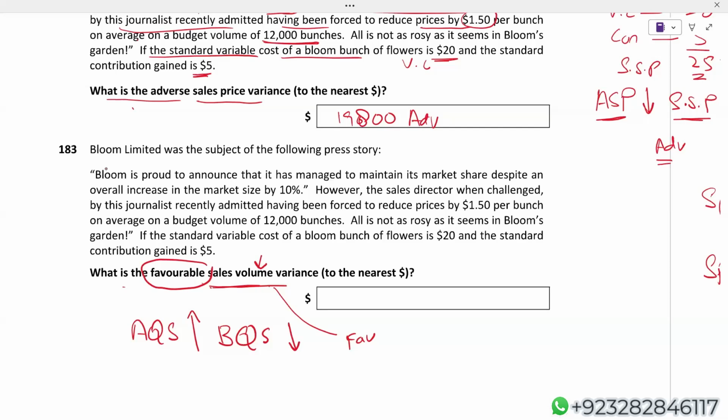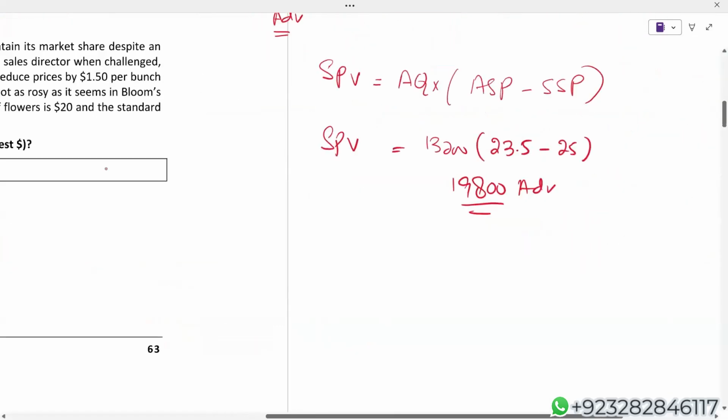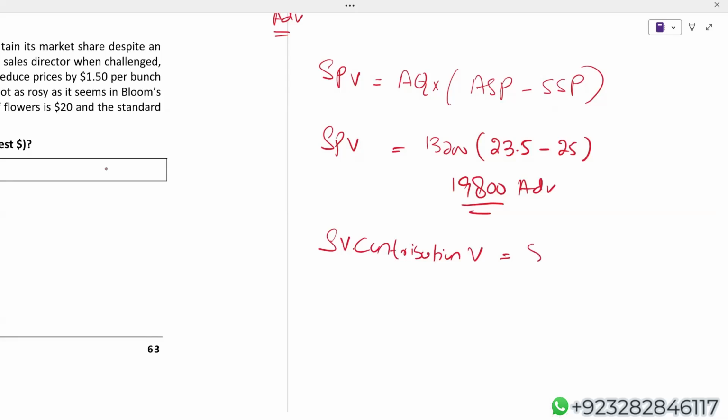Let's see. In this question, budgeted volume is 12,000. Actual, we know that 13,200. So sales volume contribution variance, because in the question we have contribution, we don't have profit. So we'll be using contribution. Standard contribution per unit.